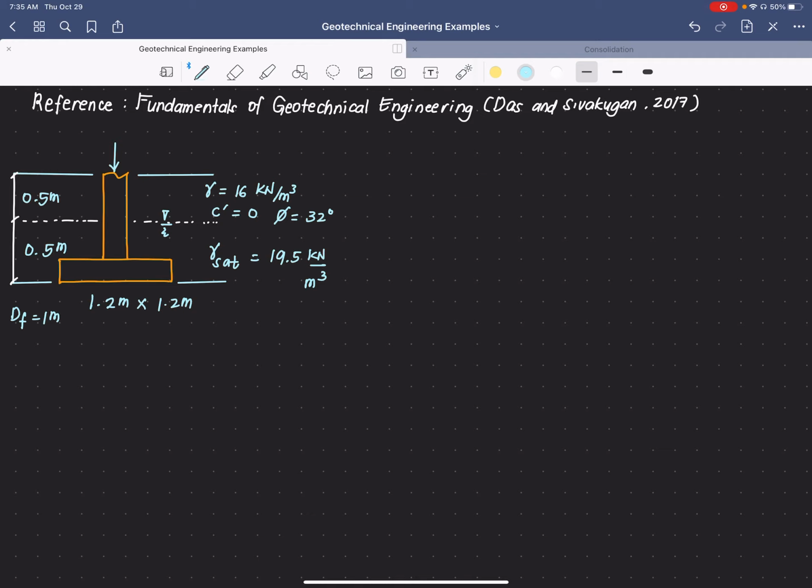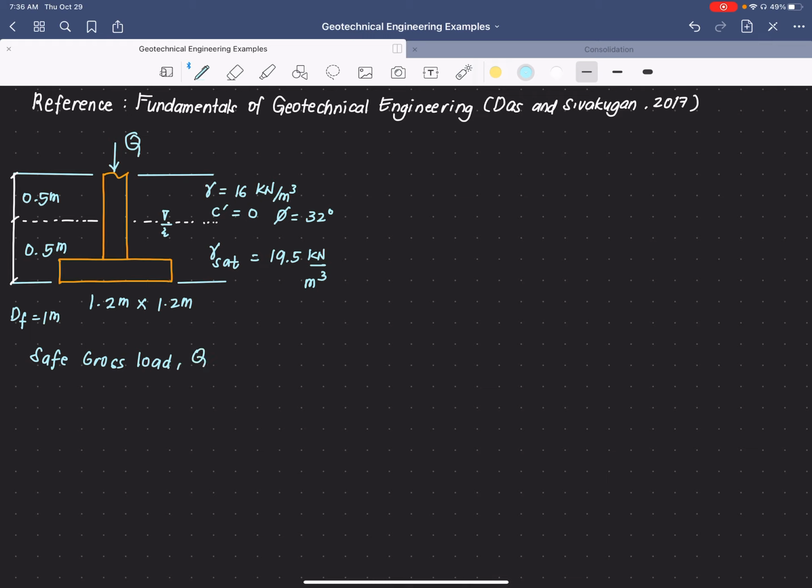And from this given, we are asked to determine the safe gross load. That is a safe gross load, and we denote that as capital Q because the bearing capacity is a small q.